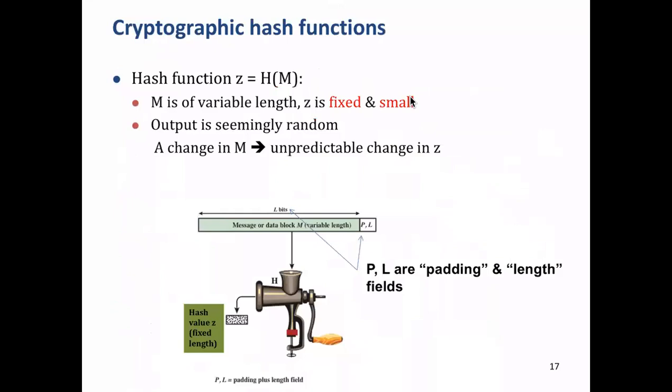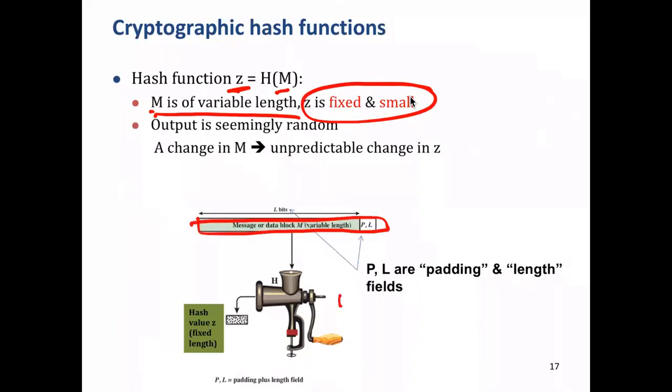Fine. So now pictorially, message M could be of any length. However, the hashed output Z is small and fixed. So to the hash function, you give this message and what you get is one chip, like a potato chip, of fixed size.